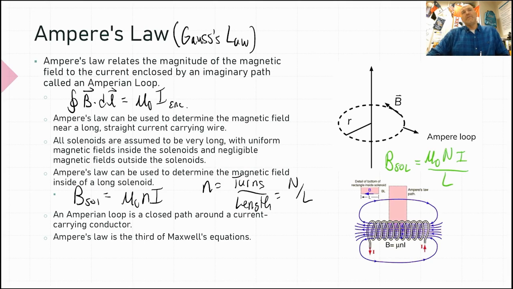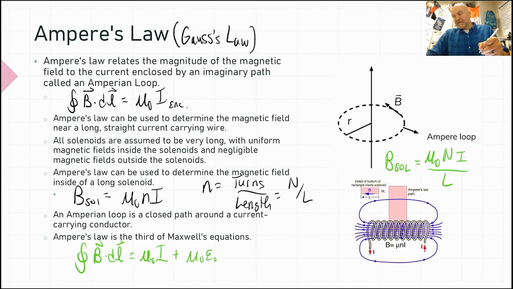An Amperian loop is a closed path around a current carrying conductor wire. Now we get into the third of Maxwell's equations, which is actually the equation that Maxwell did contribute something to. So we have B dot dl, and Ampere's law is mu 0 times I. That's Ampere's law.